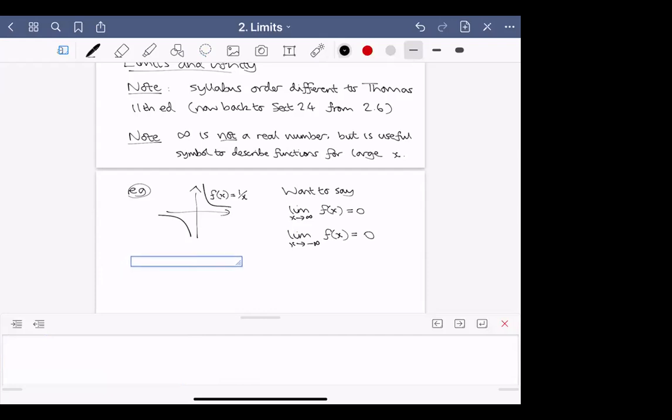So what definition gives me things like this? Well, it's a variation of the limit definition from last time.